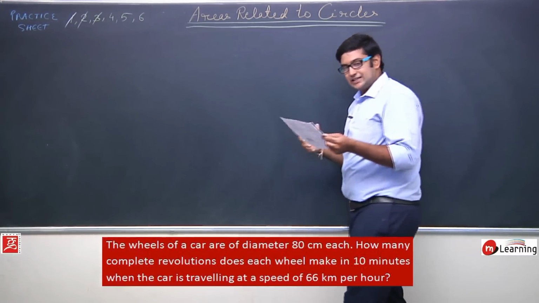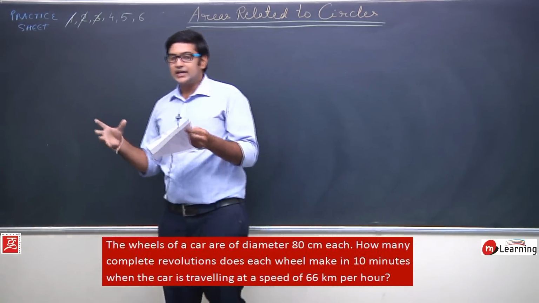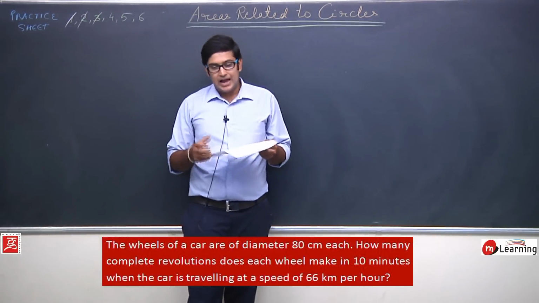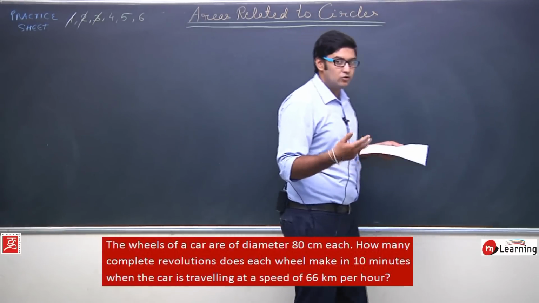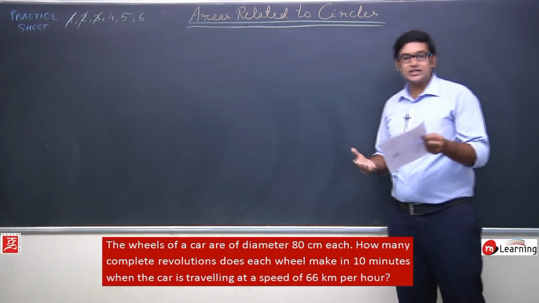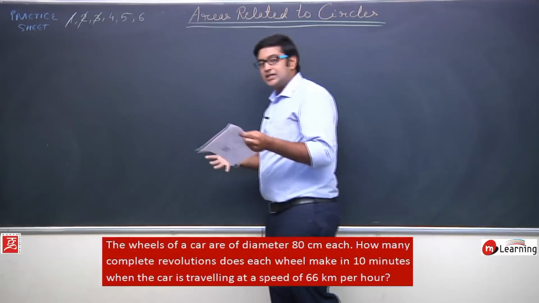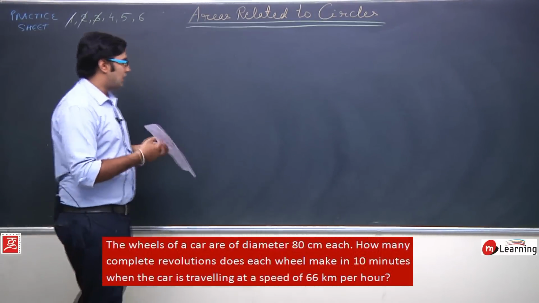So the diameter of the wheel of a car is 80 centimeters, and this wheel is rotating. We need to deduce how many revolutions this wheel will make in 10 minutes if the car is moving at 66 kilometers per hour.